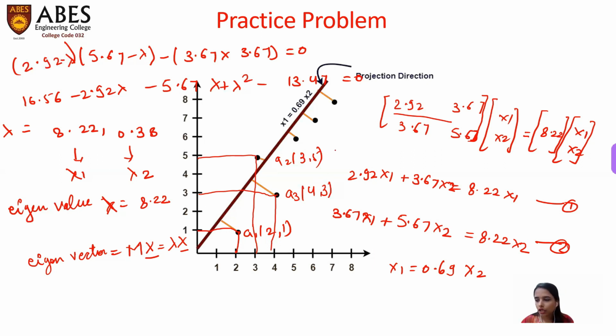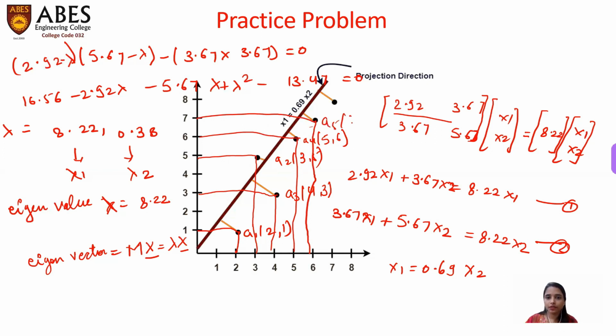Then the value of A4 is 5, 6: 5 on the x-axis and 6 on the y-axis. Then our A5 is 6, 7: 6 on the x-axis and 7 on the y-axis.